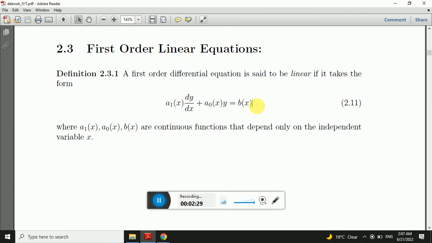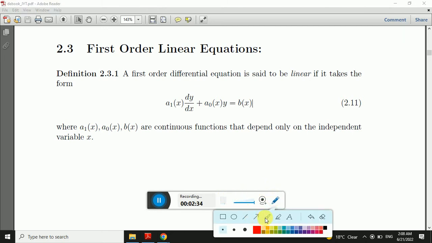Now, let me first put the pen and show something to you. So, what if we decide to divide throughout by a1 of x, this equation 2.11? Even this side, divide by a1 of x.